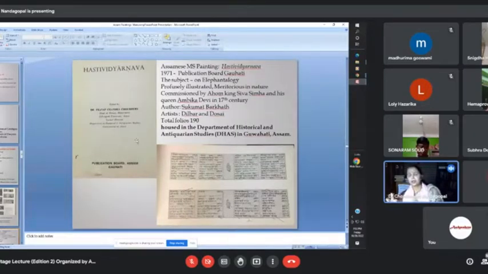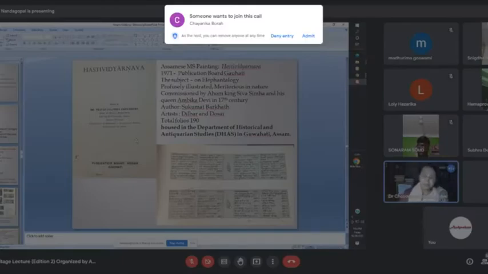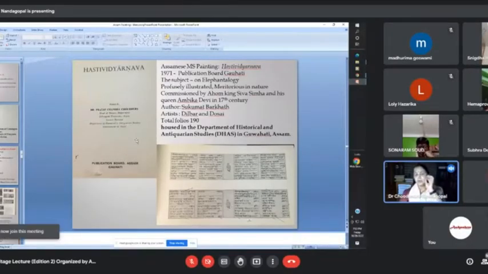So it talks about all kinds of elephants, categories, their role, their importance, some stories related to them, and finally how to take care of elephants, and if there are some diseases, how to treat them. Such a valuable text, and beautifully illustrated. It's not just a text but profusely illustrated meritorious literature. This was commissioned by the Ahom king Shiva Singha, a great patron of art and literature, and his queen Ambika Devi in the 17th century.